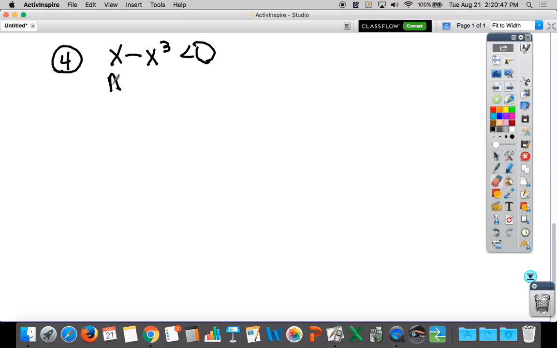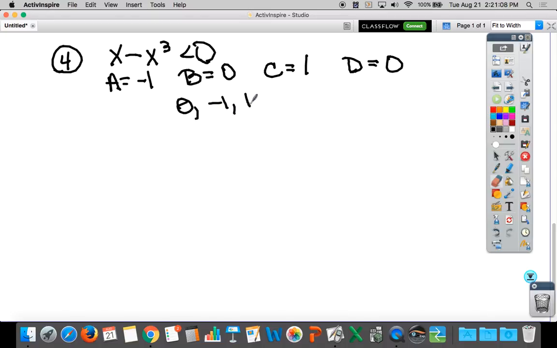What am I going to put in for a here? Negative 1. My b shows up in front of x squared. What is my b? 0. I have no x squares. My c shows up in front of x, and my d is the constant, 0. So when you put those in, you should get the same 3 roots that I told you you would get.